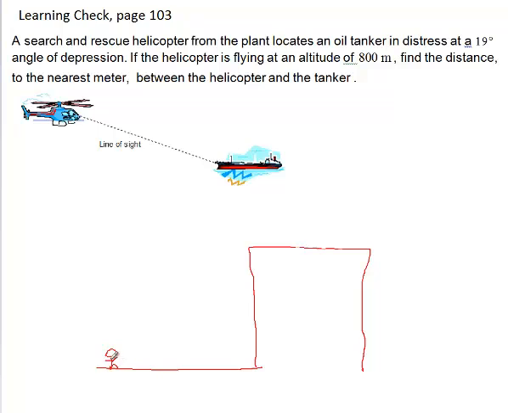As you look up to someone in a window up here in your house, the line of sight is the actual line from your eyes up to that person. We call this the line of sight.